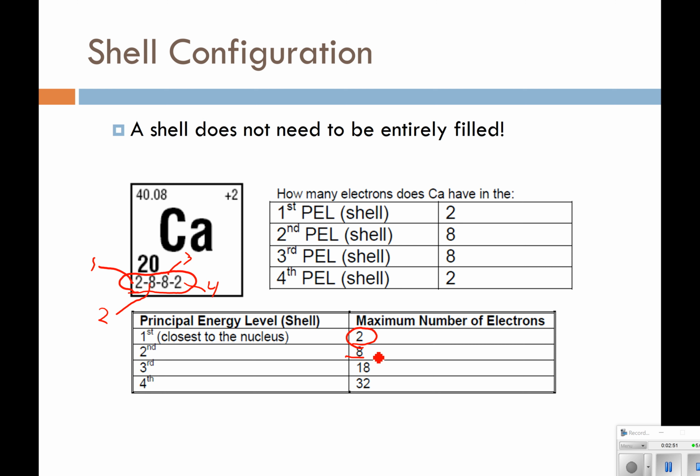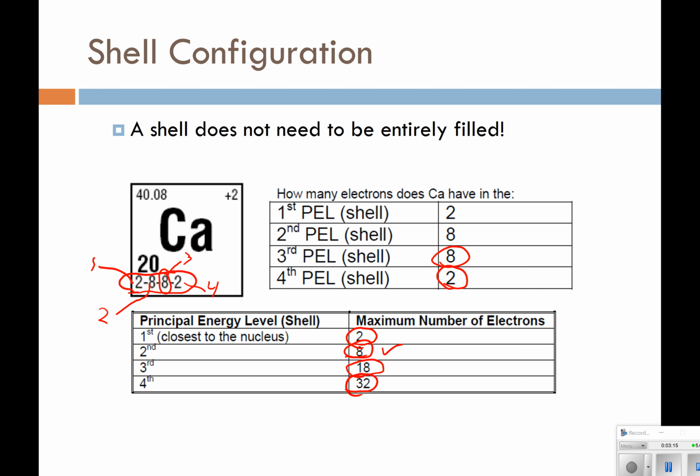The second can hold a maximum of 8, so that's full. But the third can hold 18, and right now we only have 8. So that one has electrons occupied in the third principal energy level, but it's not completely filled. And then we have 2 more electrons in the fourth principal energy level, which can hold 32.